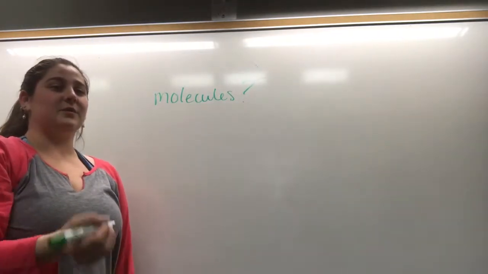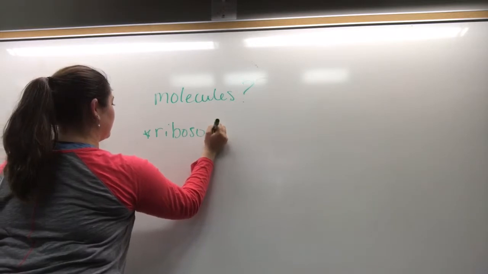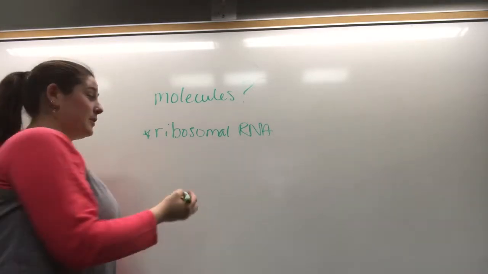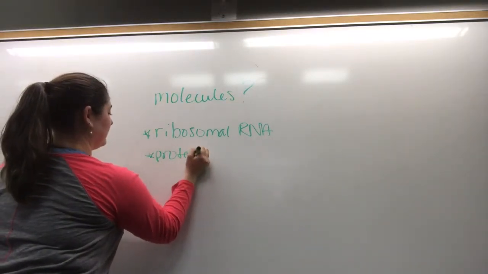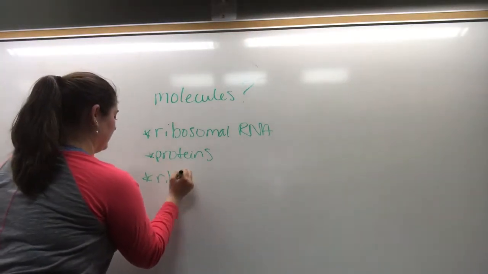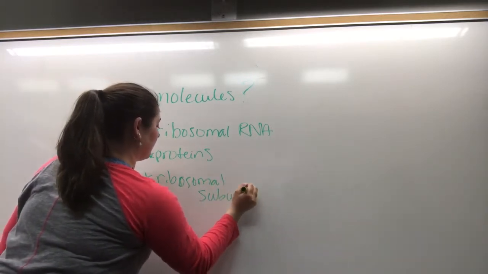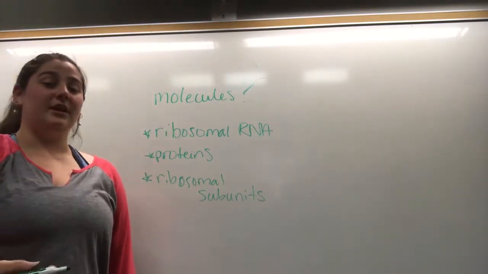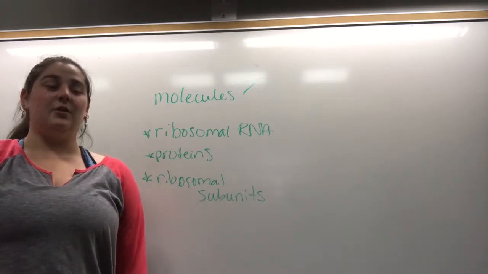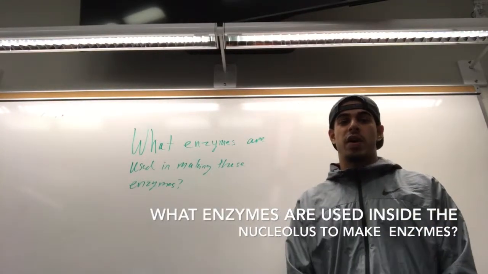The nucleolus is where ribosomal RNAs are synthesized, which are then combined with proteins to form ribosomal subunits, which then can be exported outside into the cytoplasm, where the cell can then carry out its different functions with these ribosomes.